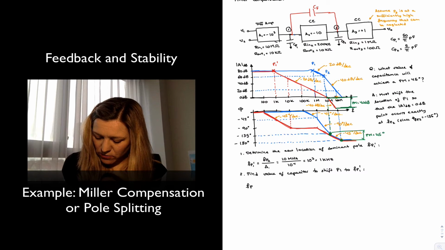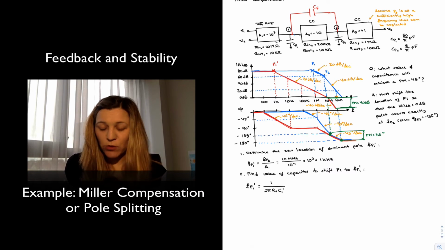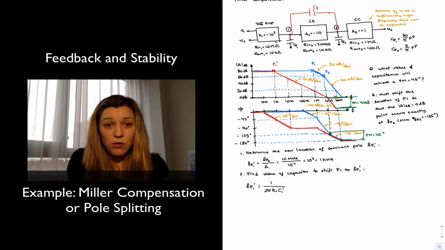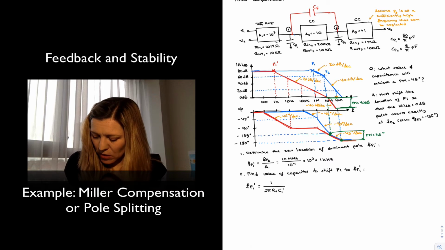And we have that FP1 prime is going to be equal to 1 over 2 pi R1 C1 prime. I'm going to refer to it as C1 prime because it is the new value of capacitance associated with node 1.